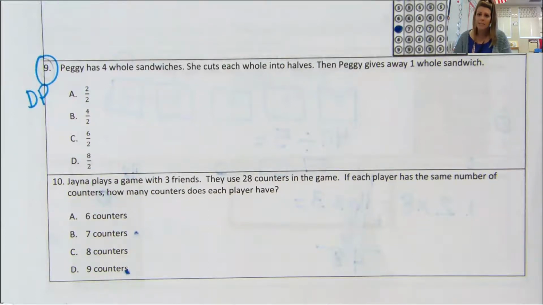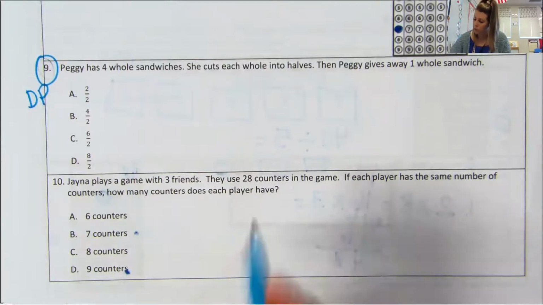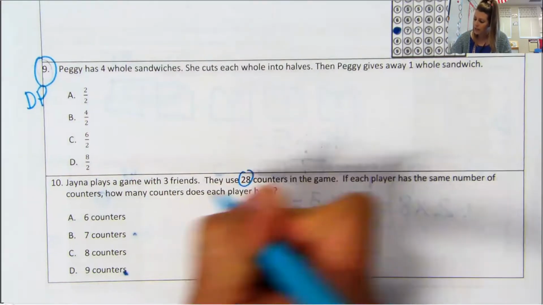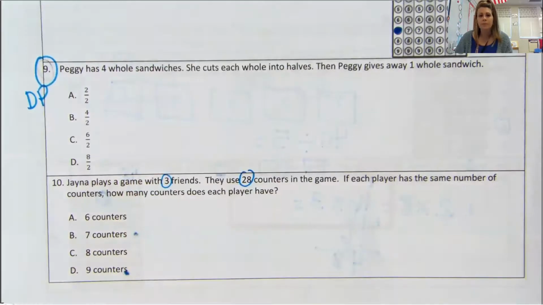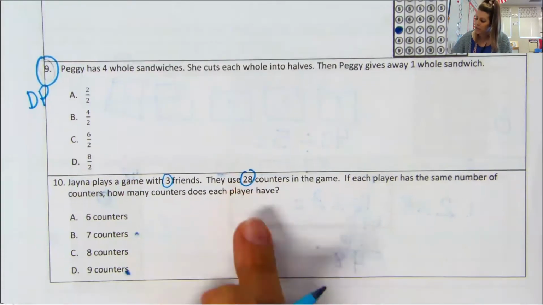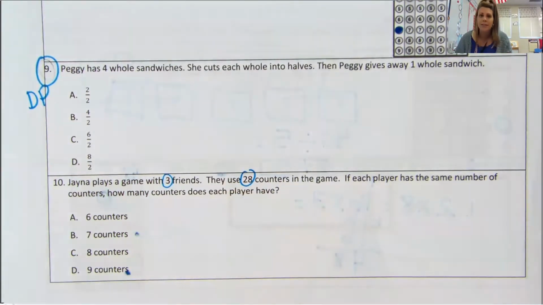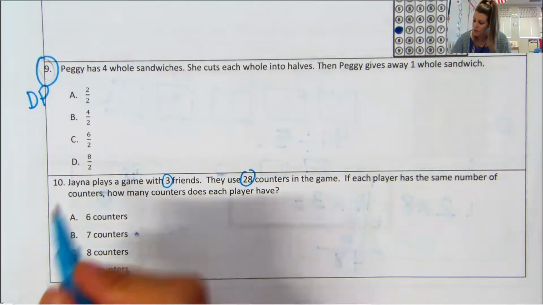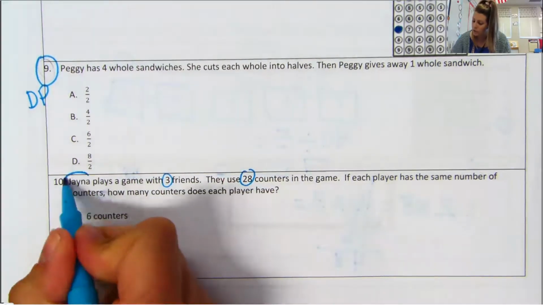All right, well, I see 2 numbers. 2 numbers jump out at me, 28, and then I see 3. And I know that we're dividing because we're starting with a big number. We have 28 counters, and each player is getting some. Okay? But we can't do 28 divided by 3 because we also have to include who?